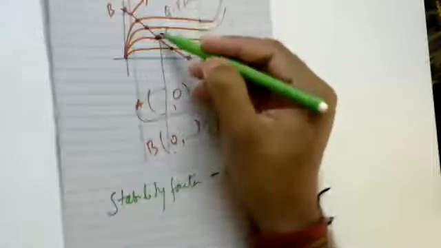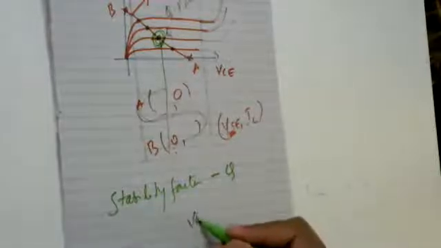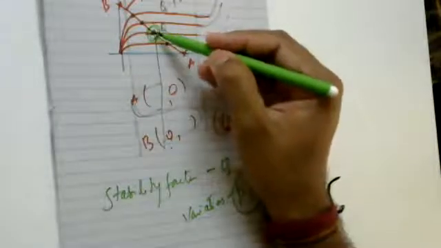The stability factor says how well your Q point can retain its position for any changes or variations which occur in the value of beta, or ICO, or even your VBE. These are the three parameters which can change the position of your Q point.